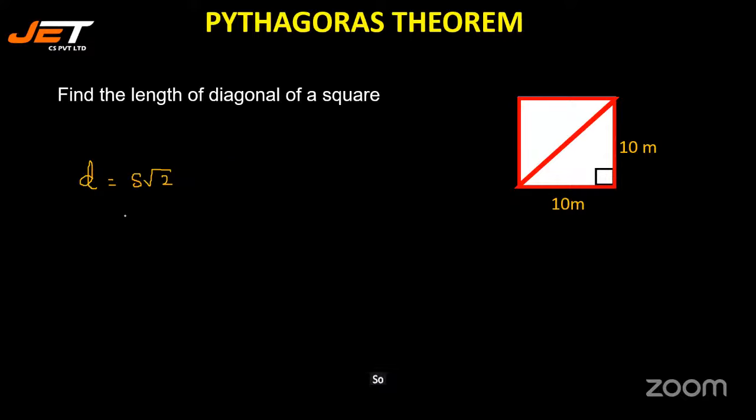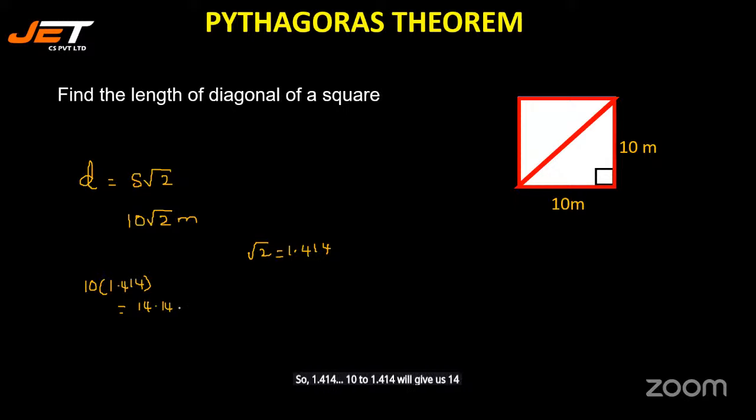What is our side? Our side is 10, so the diagonal is 10 into root 2 meter. Supposing you take root 2 as 1.414, then 10 into 1.414 will give us 14.14 meter, or 10 root 2 meter.